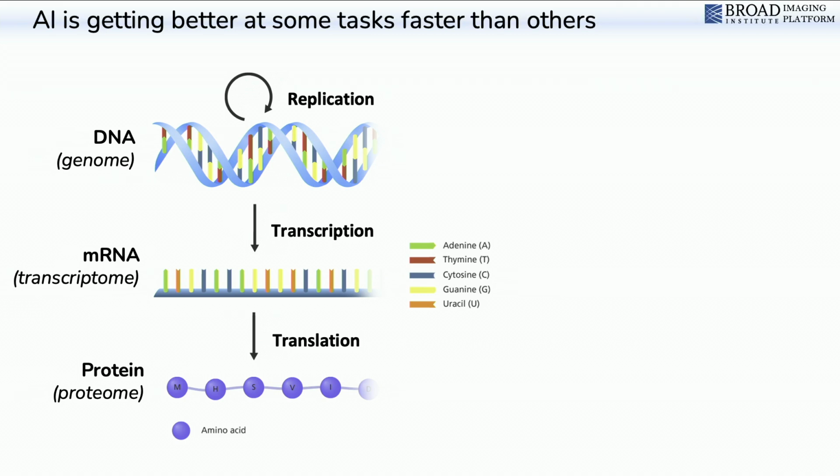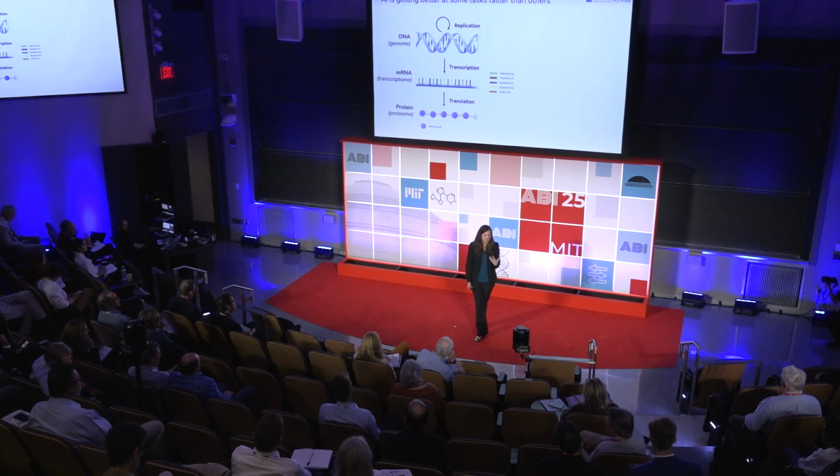If you want to predict how much mRNA will be in a given cell with a given genome under given conditions, or you want to predict what proteins will be present given a certain mRNA, we have a lot of data now, a lot of public, shared data, and a lot of techniques that make it possible to capture this kind of data. And that allows us to train machine learning algorithms.